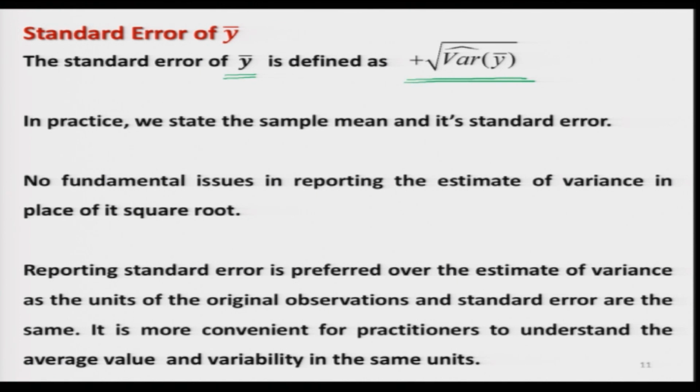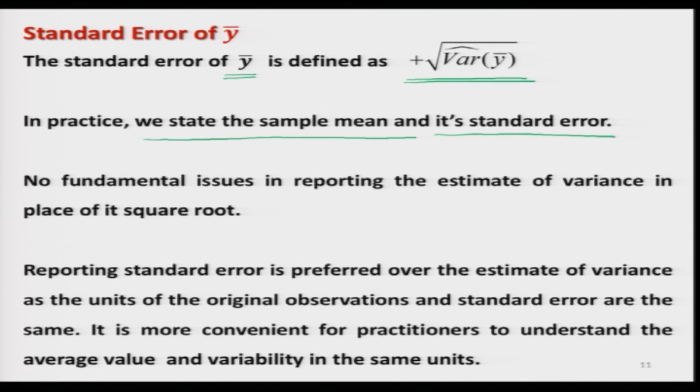The advantage of this standard error is that it is more convenient for the practitioner to use, because in practice whenever we conduct any analysis using this sample mean, we always state the value of the sample mean as well as its standard error, right.